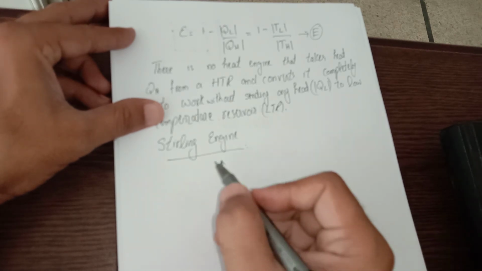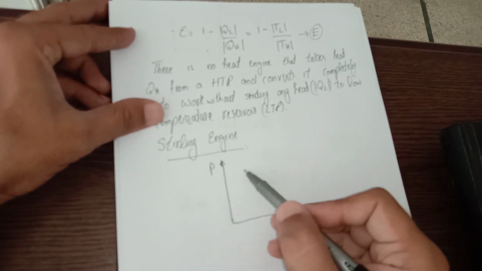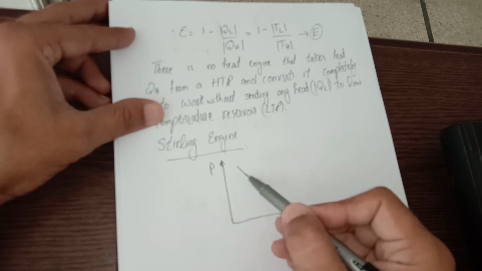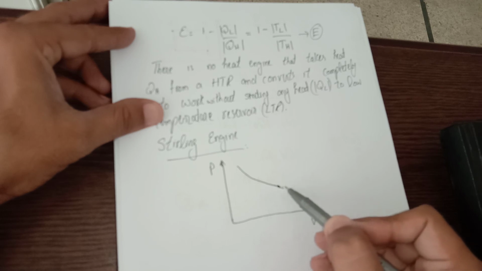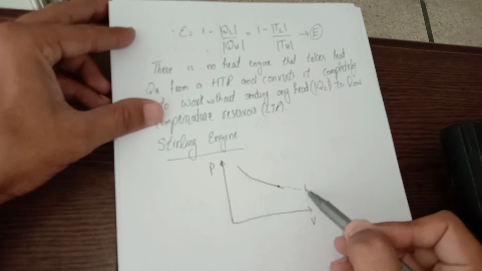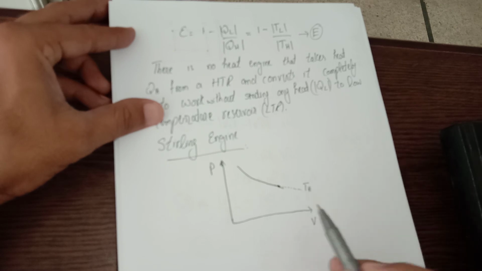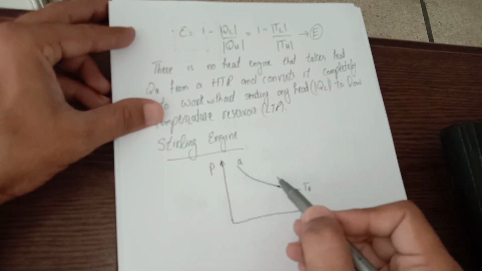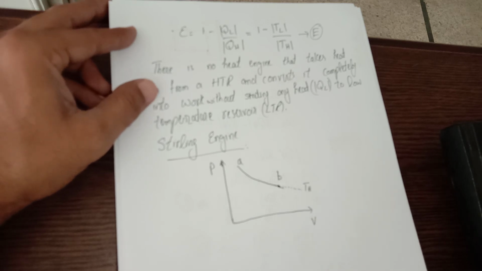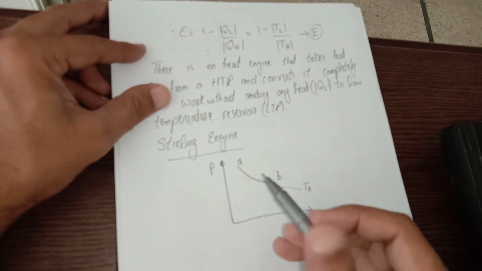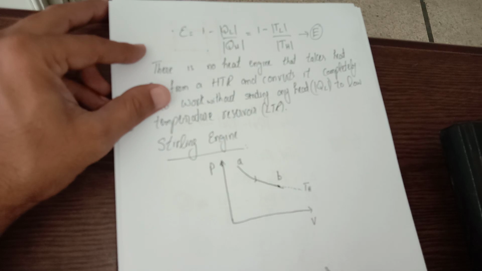This is the volume axis, this is pressure, and let's say that from A to B it is the same as that of a Carnot cycle, as it represents an isothermal expansion.